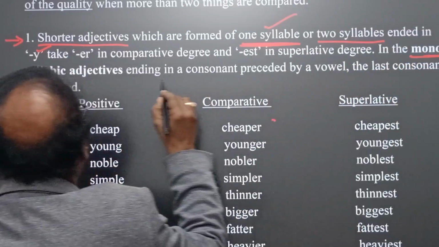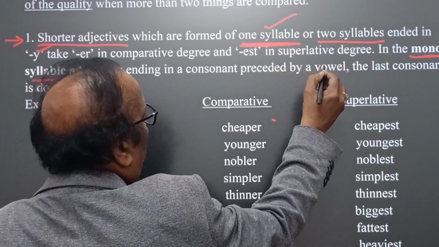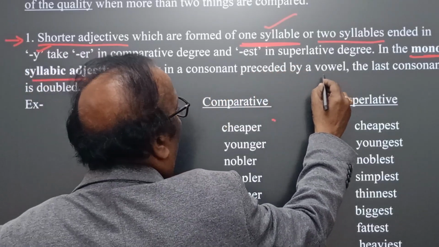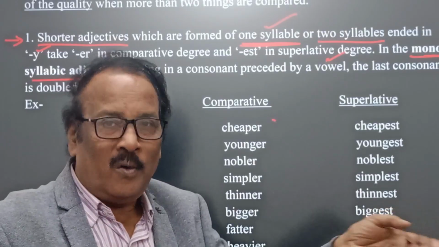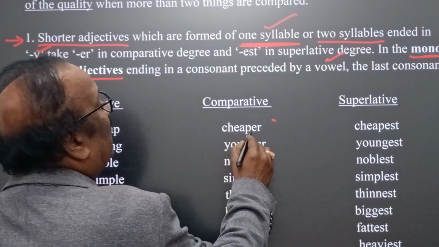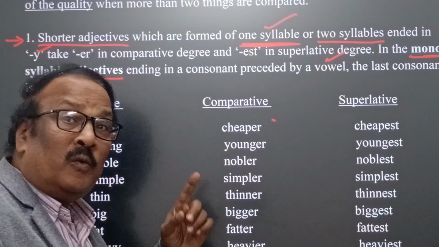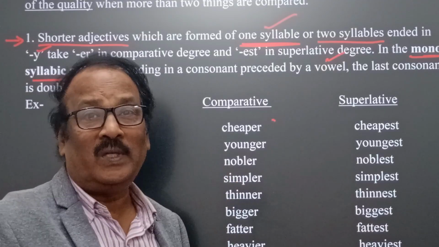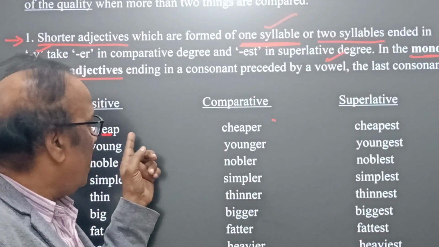In the monosyllabic adjectives ending in consonant preceded by a vowel, the last consonant is doubled. How? Let's see any examples. Cheap, cheaper, cheapest. Here ea sounds as one vowel sound, that is cheap. This is monosyllabic adjective.